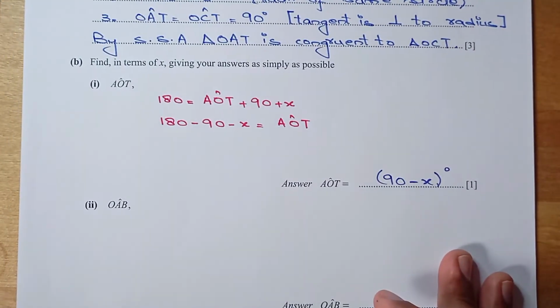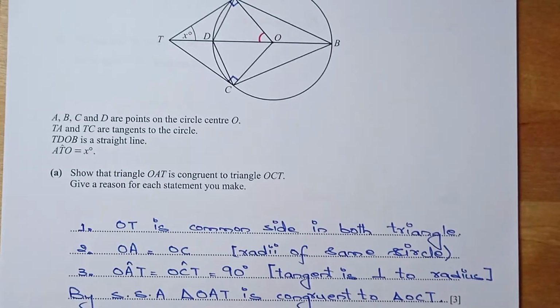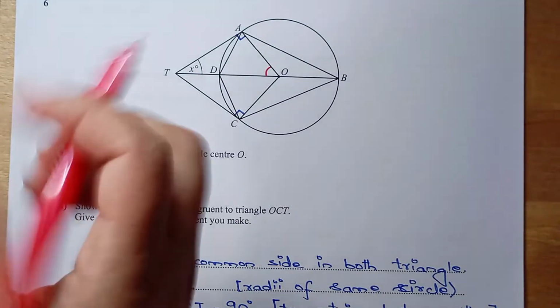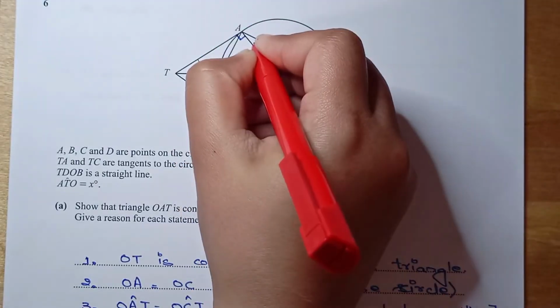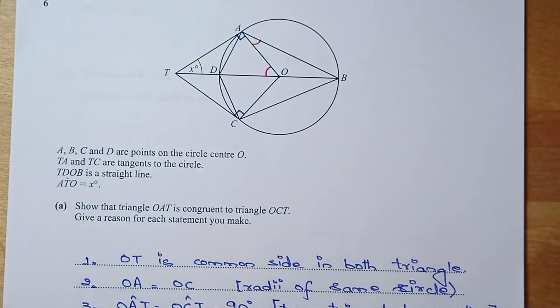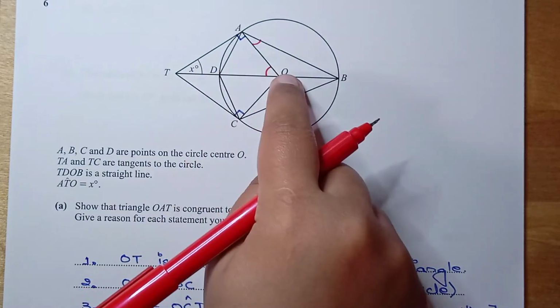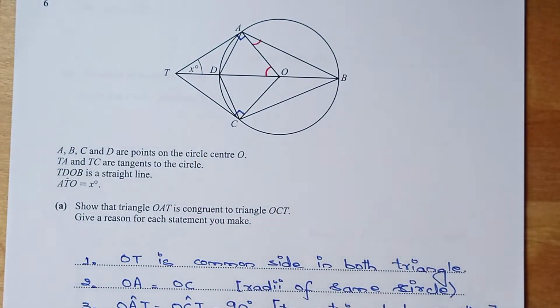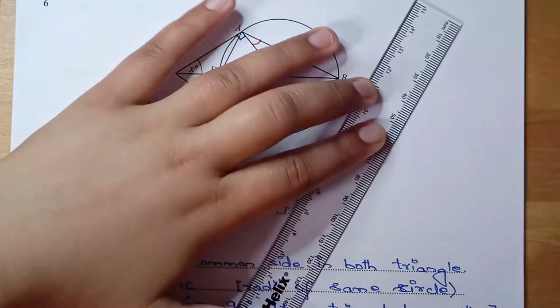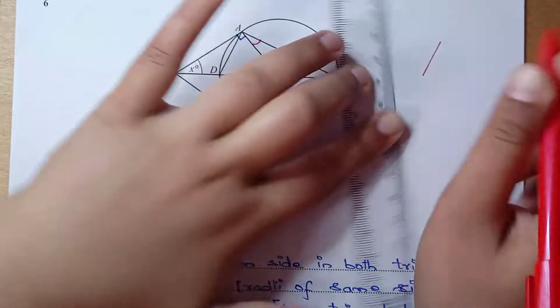For the second part, OAB, this is the angle we need to find. If I consider the smaller triangle ADO, let me draw this triangle separately over here.